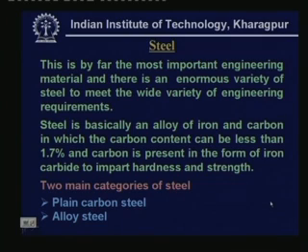Now, we come down to steel, which is one of the most important engineering materials, the steel age. You can see the improvement of steel has taken place over the years in a tremendous manner. At this point of time, we can say that the research for making improved steel is enormous.